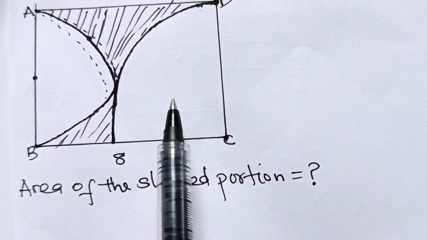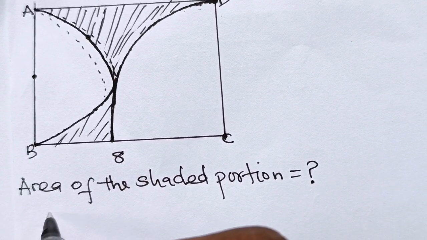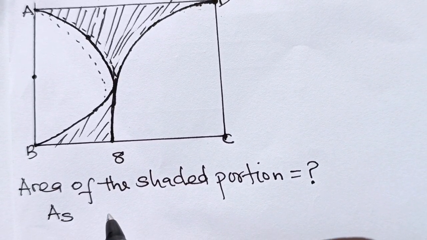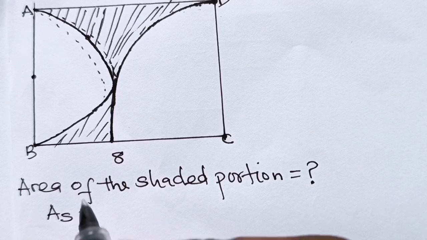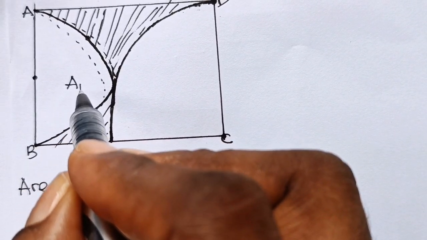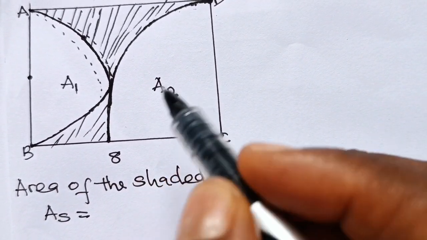Alright, the area of the shaded portion can be gotten like this. Let AS, the area of the shaded portion, be equal to, let's call this A1 and this A2, okay?